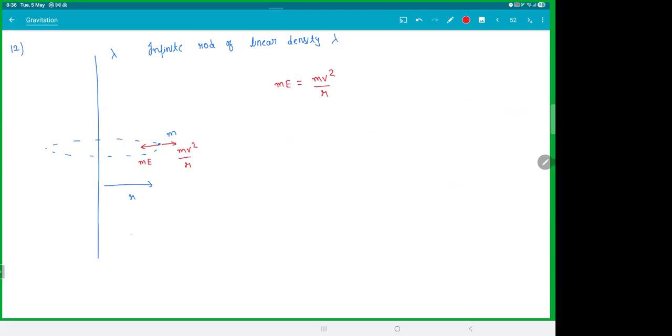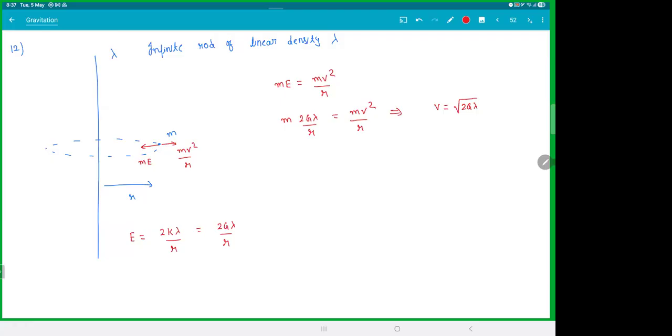What is the field due to an infinite wire? 2k lambda by r, if you remember, from electrostatics. But in place of k you'll get G, so 2G lambda by r. That is the field due to an infinite wire. So m into 2G lambda by r is equal to m v square by r. r will cancel, m will cancel, and we get v is equal to root 2G lambda.